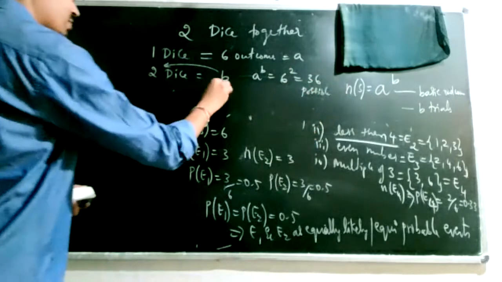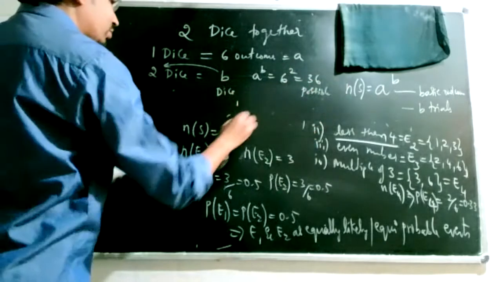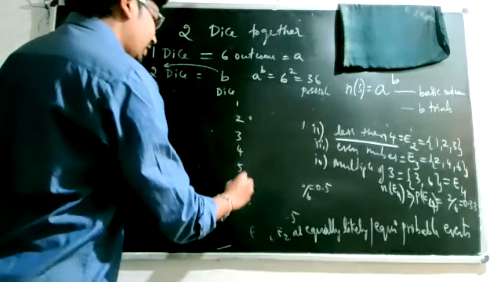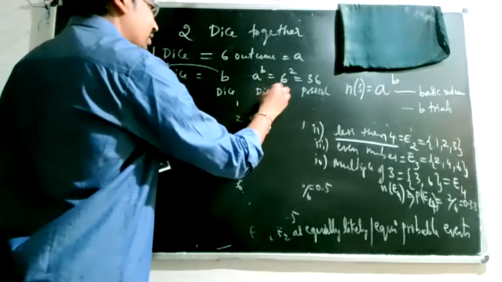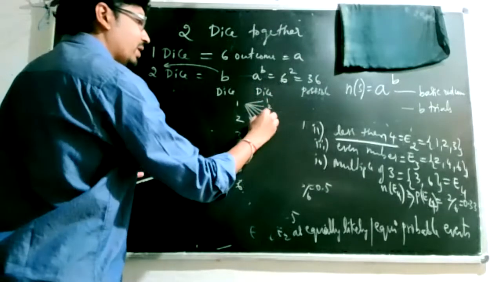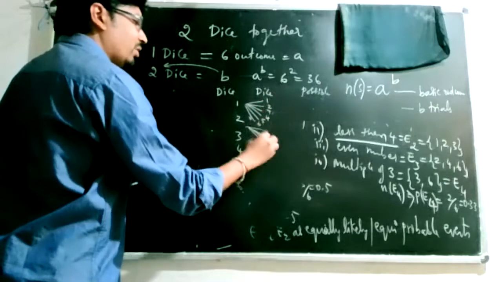Naturally, dice 1 has 1, 2, 3, 4, 5, 6 as the outcomes. The second dice will have 1, 2, 3, 4, 5, 6 matched with each of these outcomes of dice 1.